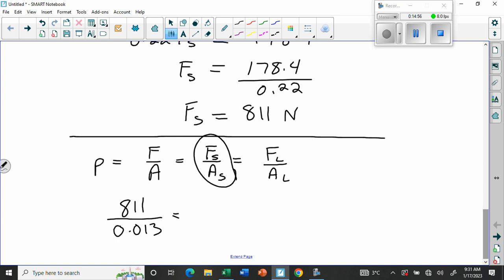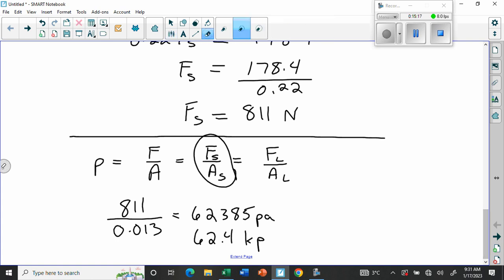Let me just do a quick calculation here, and we divide that, about 62,385 pascals of pressure, or 62-ish, 62.4 if we round it off, kilopascals. Now, I'm writing this sloppy, so it's a small k, it's a capital P, and a small a, kilopascal.